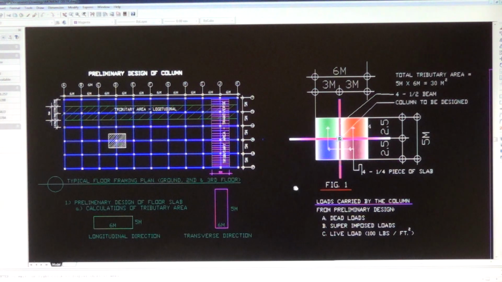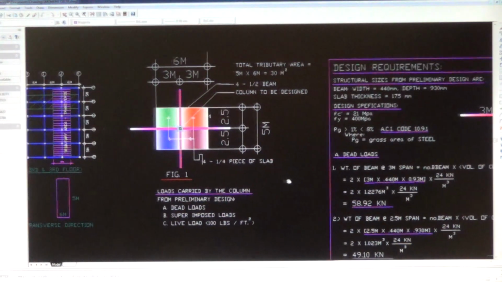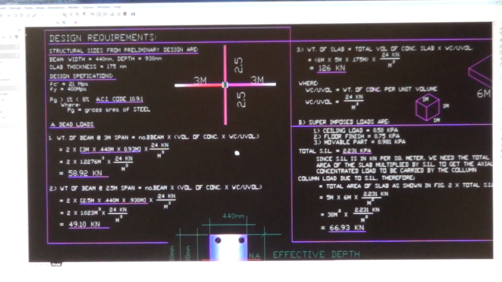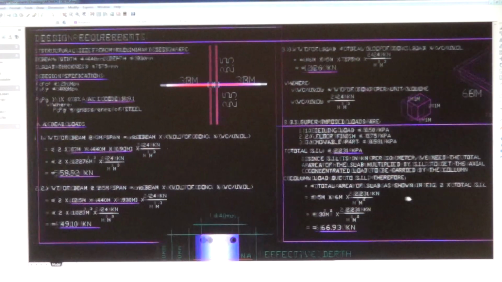Not like plugging in loads. It's like you're not going anywhere. You have nothing to refer to afterwards, right? So that is the calculation of the column loads. This is real calculation of column loads. You can't go wrong with this.